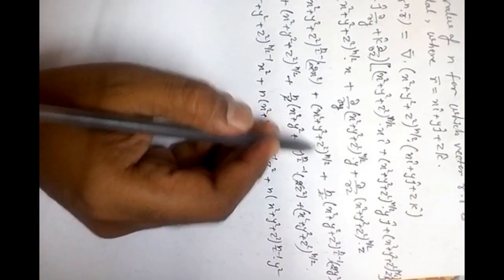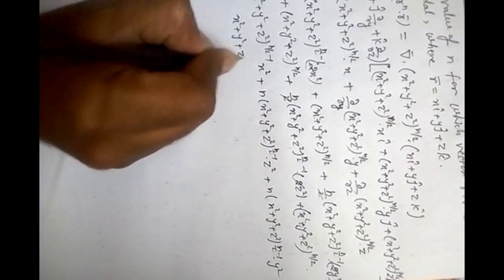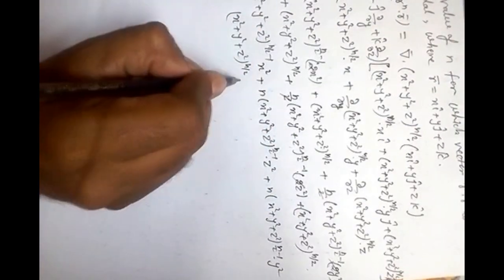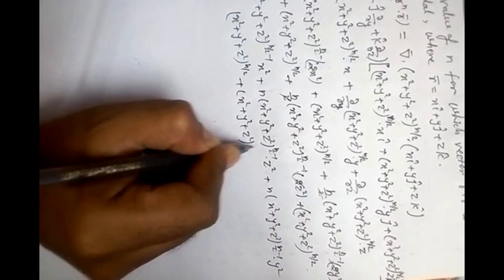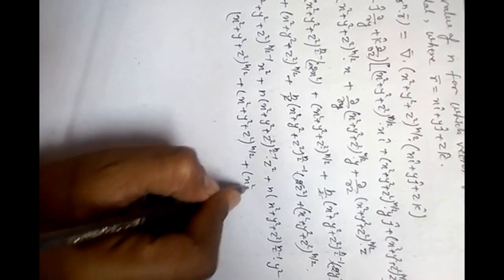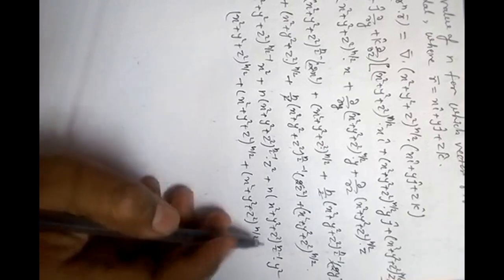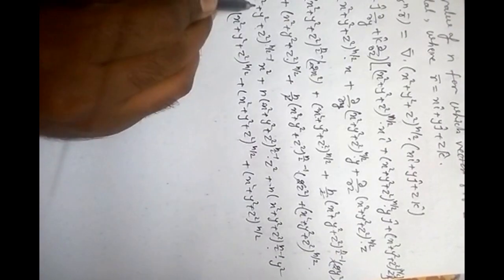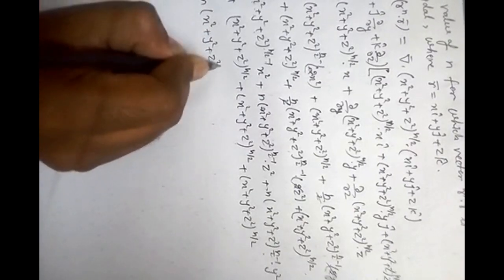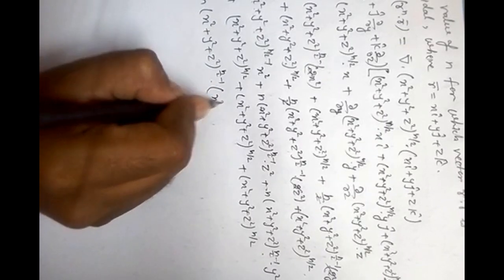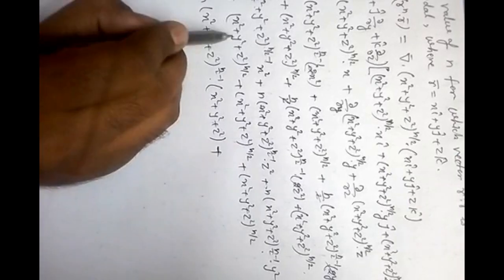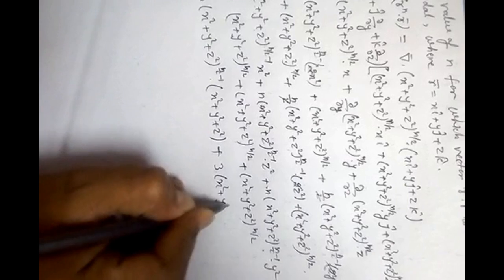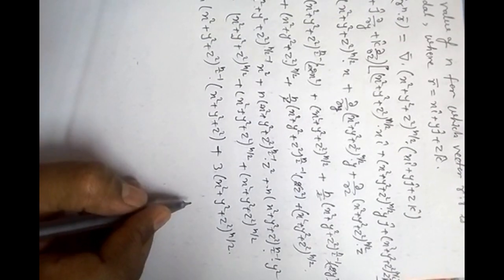These three terms, plus (x² + y² + z²)^(n/2) three times. Here the common factor is n (x² + y² + z²)^(n/2 - 1), and then we get (x² + y² + z²), and 1, 2, 3 times (x² + y² + z²)^(n/2).